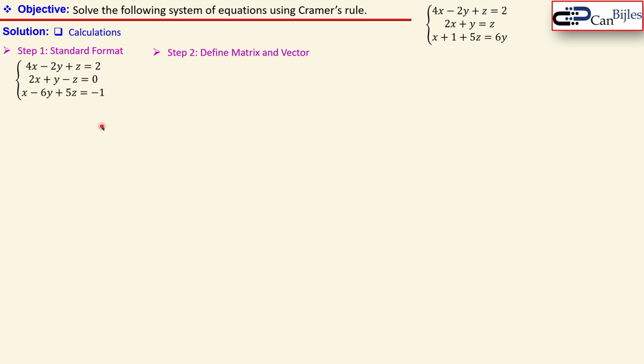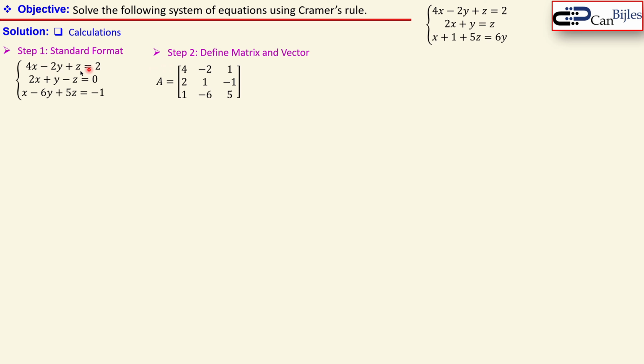Okay, now we need to define a matrix from this set of equations and also a vector. The matrix is written from the coefficients on this part of the equations, and the vector is formed by these three numbers. So we have now matrix A. We see here 4, minus 2, and 1.